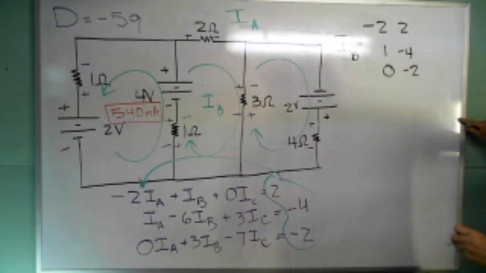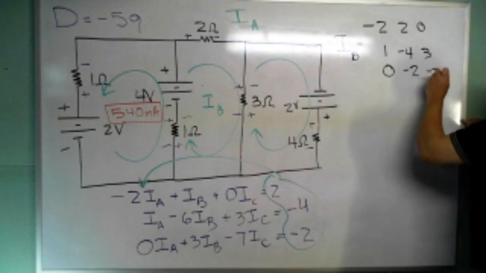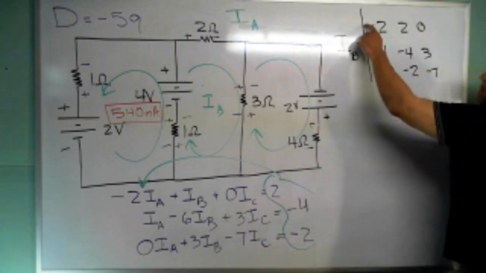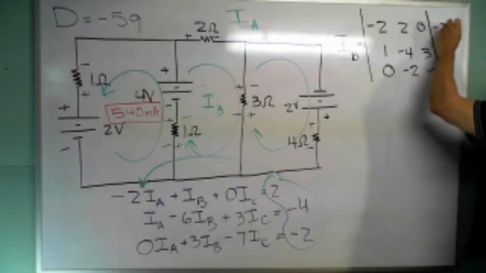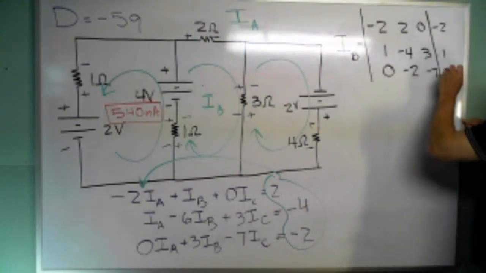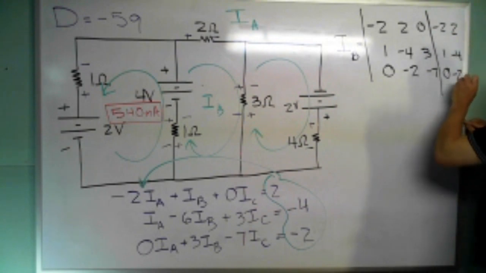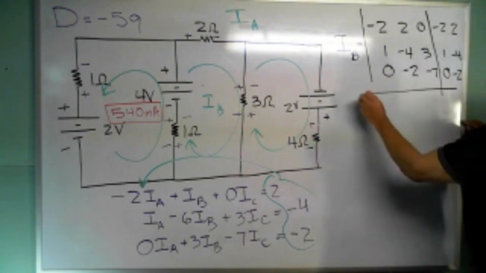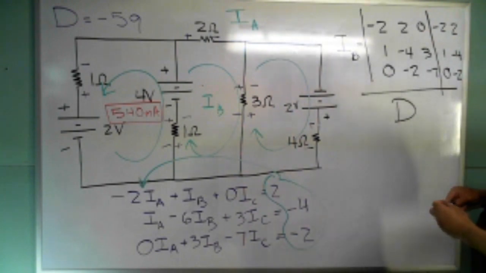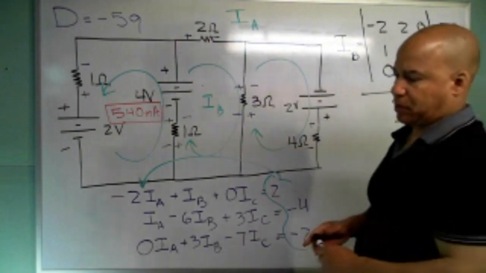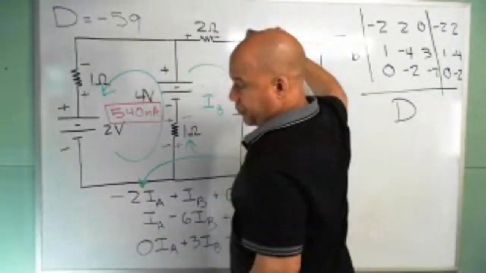And I got a 0, 3, and -7. And then I repeat, -2, 1, 0, 2, -4, -2. I got to divide that by D. So let me know when you get an answer for this one. And then we'll check it.